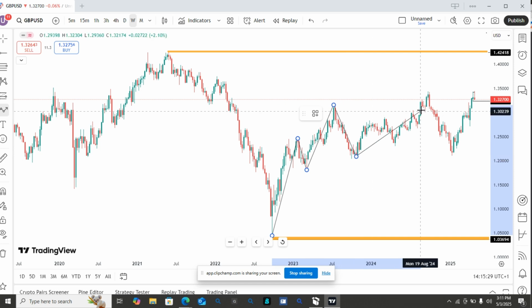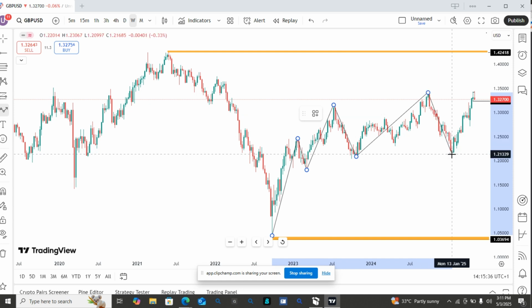We move down again, call it a higher high. And we come down again, this is a higher low, and we move up again and created an equal higher high, causing a double top internally. So internally we are what? Bullish.